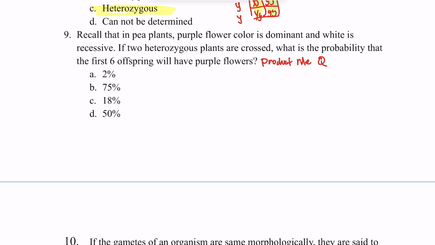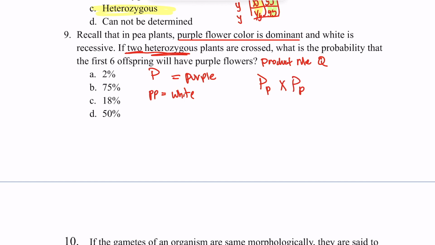Purple is dominant, so big P equals purple, or just P in general because it could be heterozygous. And white is recessive, so little p is white. If 2 heterozygous plants are crossed, so big P little p crossed with big P little p, what is the probability that the first 6 offspring have purple flowers?